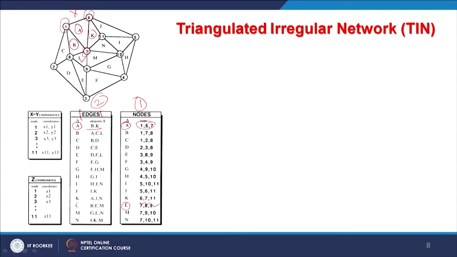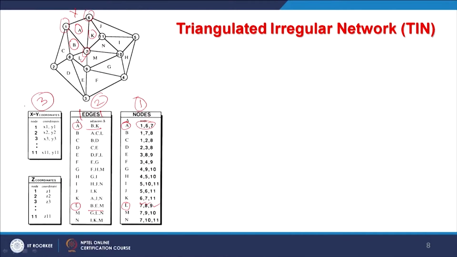But if I take triangle L as the example, then it has three edges because it is inside our TIN model: B, E, M. So for L, the triangles B, E and M are all neighbors. The maximum you can have is just three, you cannot have four, and a minimum you may have two. So I have taken both examples.